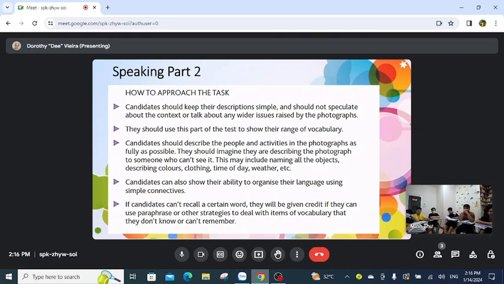Okay? Imagine, when you are describing the photograph, that the examiner, the person that you are describing the photograph to, cannot see the photograph. Okay? So you need to tell them exactly what this photograph looks like. So you should name all the objects, all the things that you see in the picture.